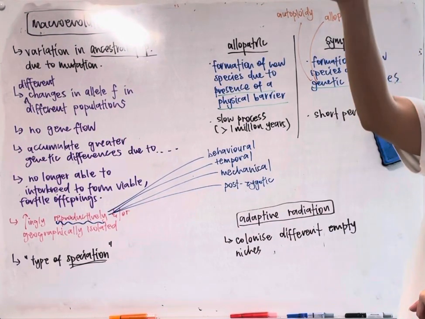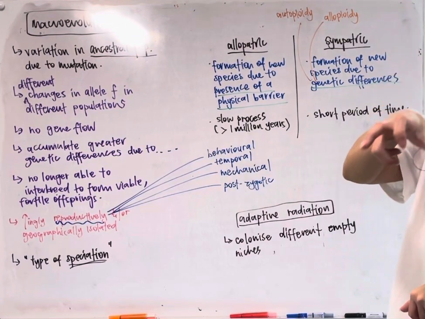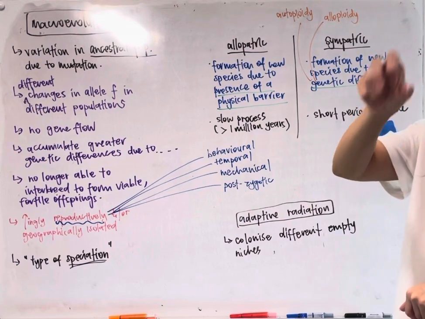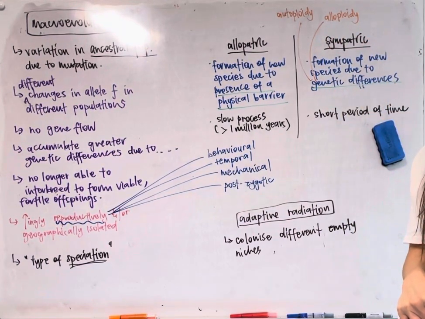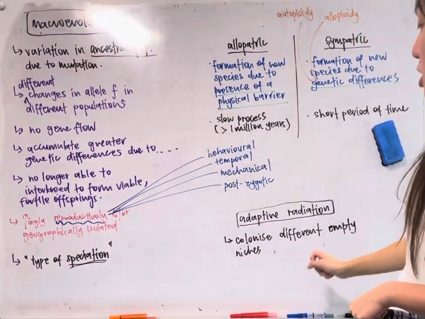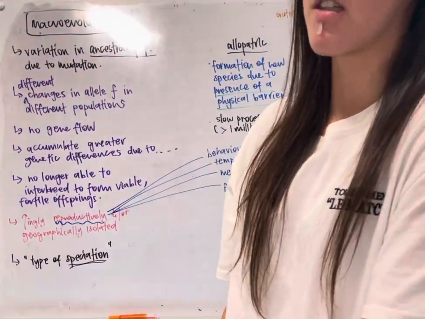Either the question tells you, explain how adaptive radiation occurred, or they show you a diagram with a remote island, or one island with so many different species in close geographical proximity. Understand? Know when to write adaptive radiation: when you have many different species, more than two species.